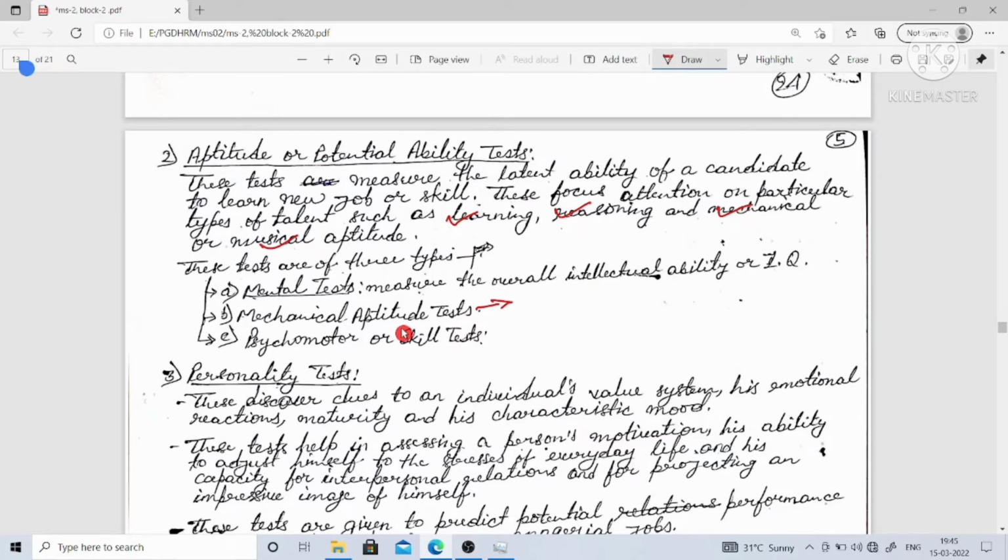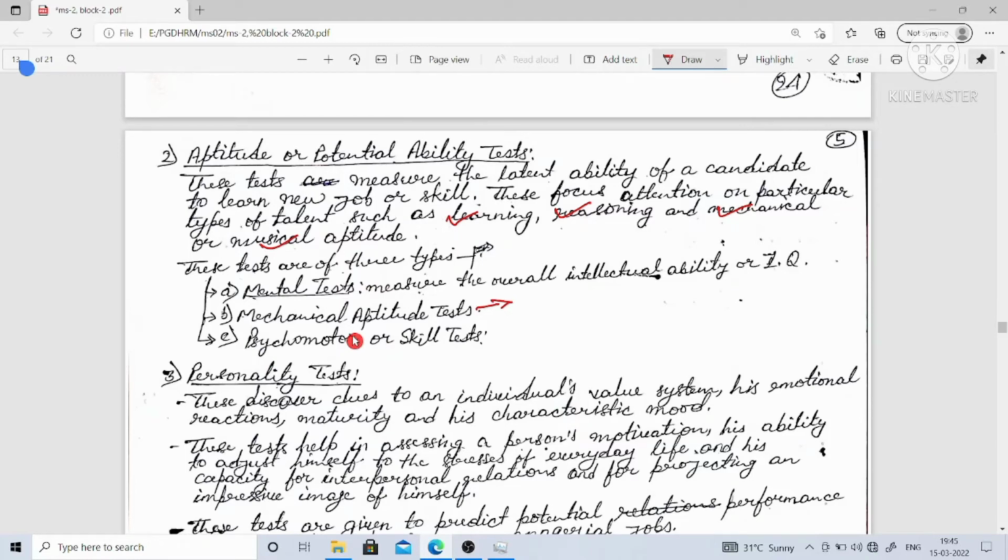Then the psychomotor test or skill test is related to how skilled the person is and how he or she can learn different kinds of skills in a better way.